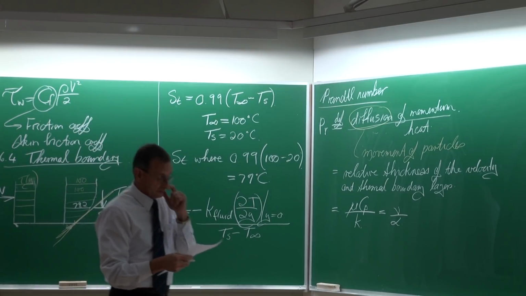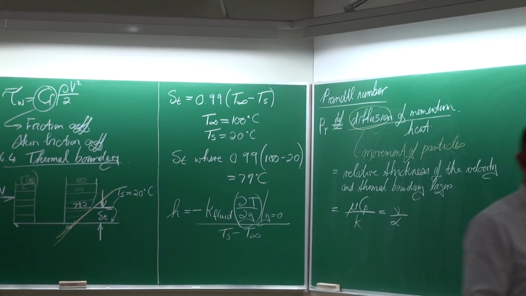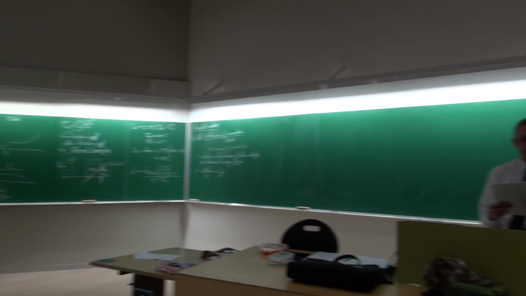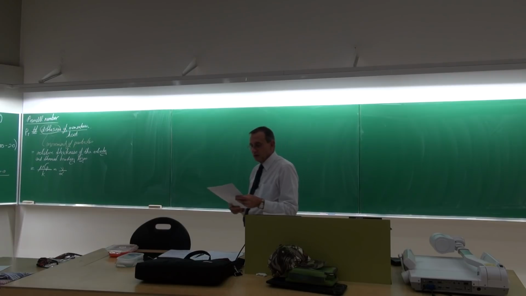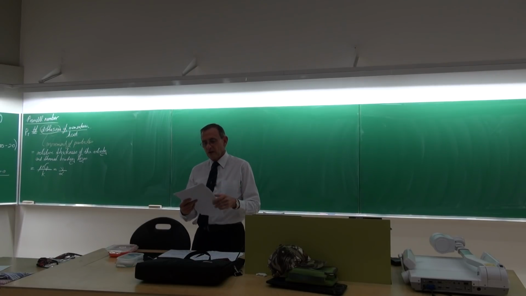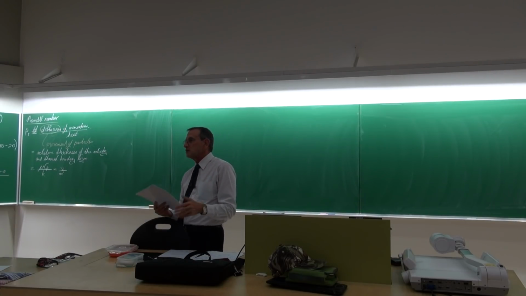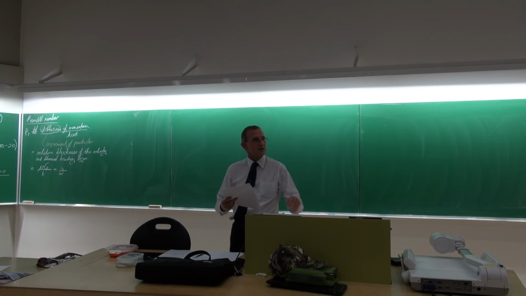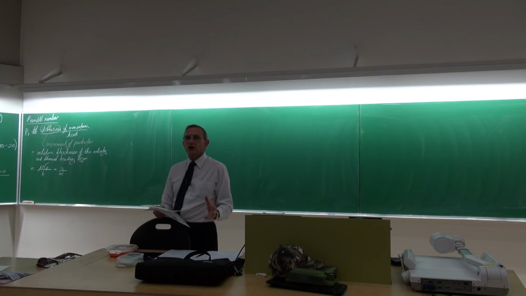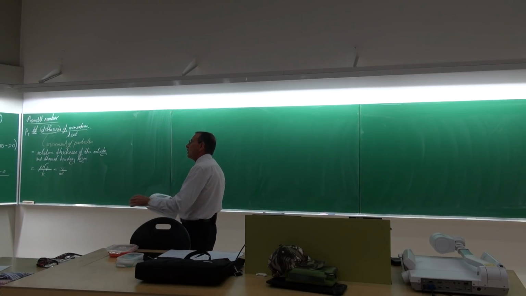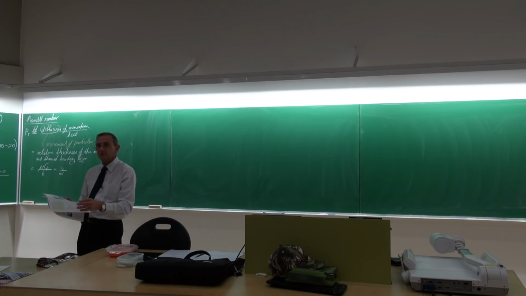Now, Prandtl was a very interesting guy. He lived from 1875 to 1953. He was a German engineer. And Prandtl is considered as the father of aerodynamics. So all of you interested in aerodynamics that you're going to take in the second semester, he was the guy who actually developed the whole theory of a velocity boundary layer.